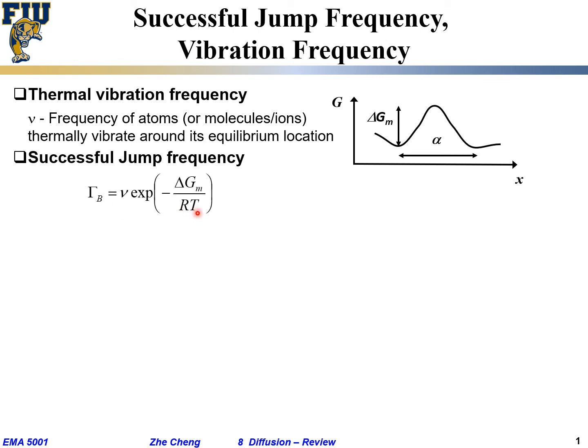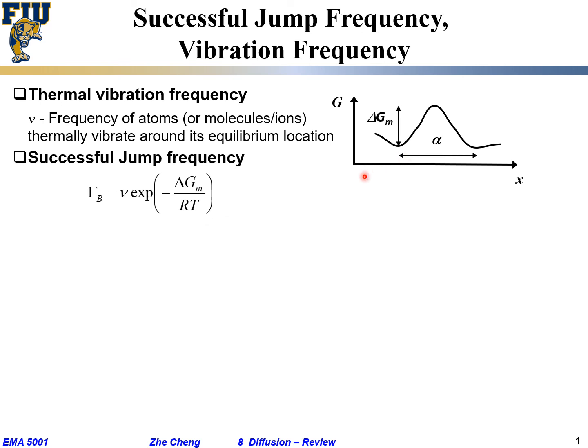But when T is low, close to 0, the term within the bracket approaches negative infinity, and the total exponential, or the probability, is essentially 0. That means it cannot overcome this barrier.